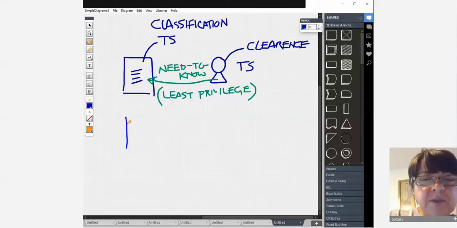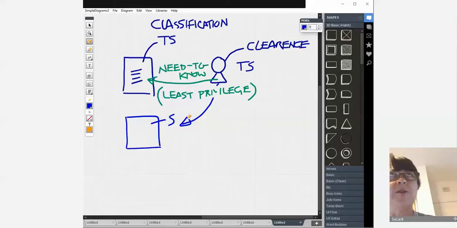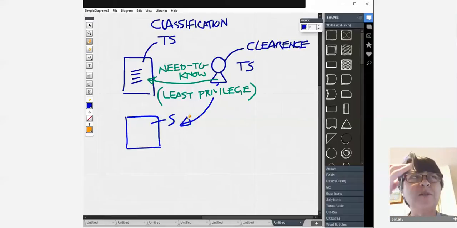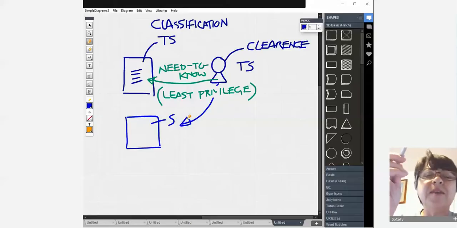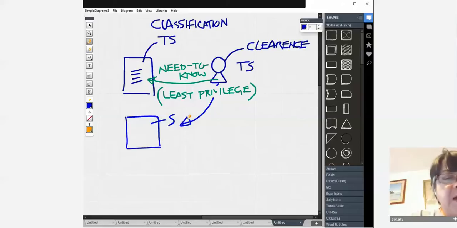If you have a secret document, I can access it because I have top secret, which is higher than secret. I can read the secret, but of course I still have to have need to know. By the way, confidential.